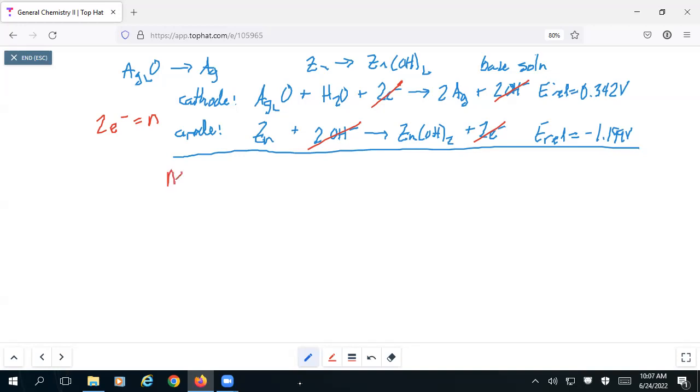So the net equation is silver oxide reacting with water and zinc to make silver and zinc hydroxide.